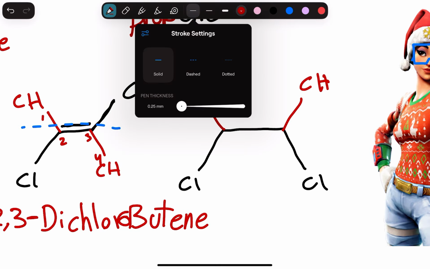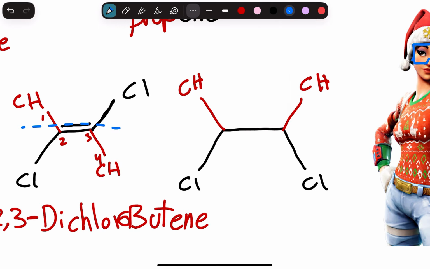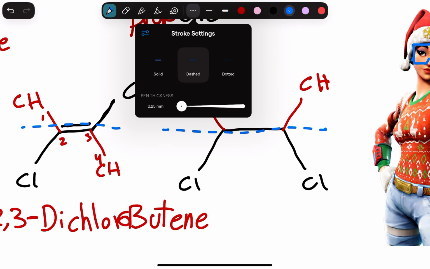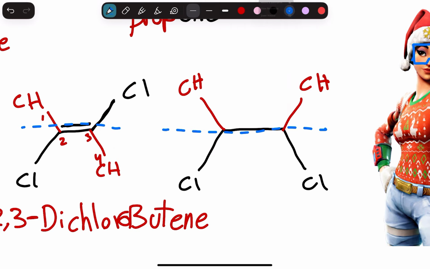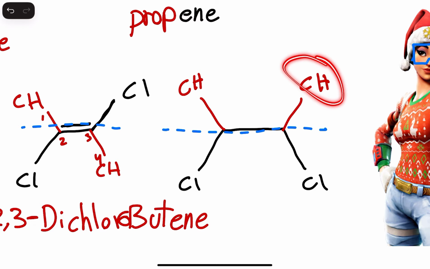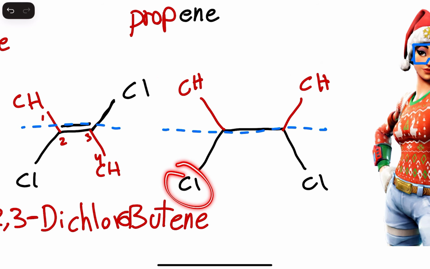Now, if we draw that same line, we're going to see that our carbon atoms are on the same side, and the chlorine atoms are on that same side.